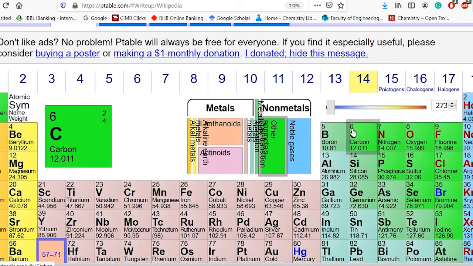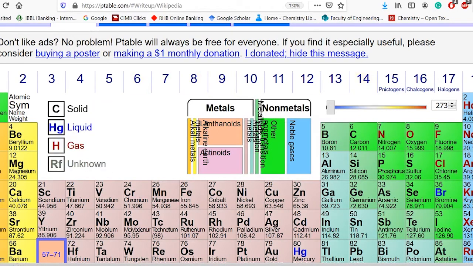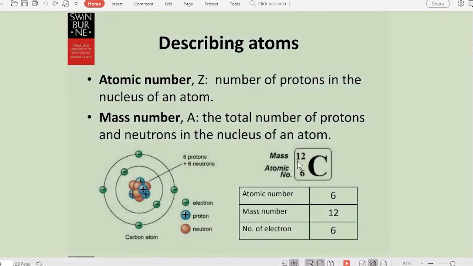Here it shows the number of protons on the top, and its atomic weight or mass is shown at the bottom, unlike what we have seen in our lecture slide. But this type of expression is also very common. We can see it in different periodic tables. If we look at different periodic tables, we will see it in this way.